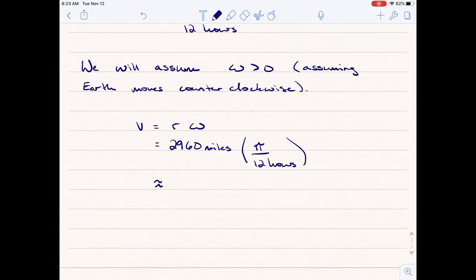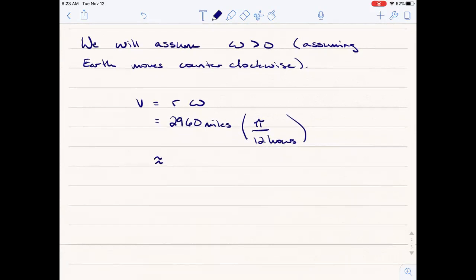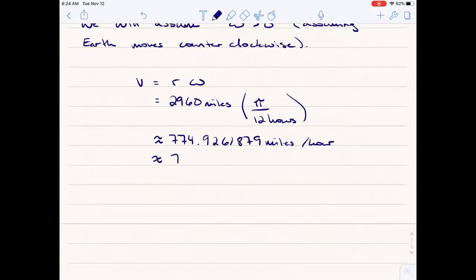So you've got shift pi divided by 12 times 2960. Your calculator is nice because it gives you the exact answer, but for now, let's just approximate it. We get the decimal approximation, 774.9261879 miles per hour, or roughly 775 miles per hour.